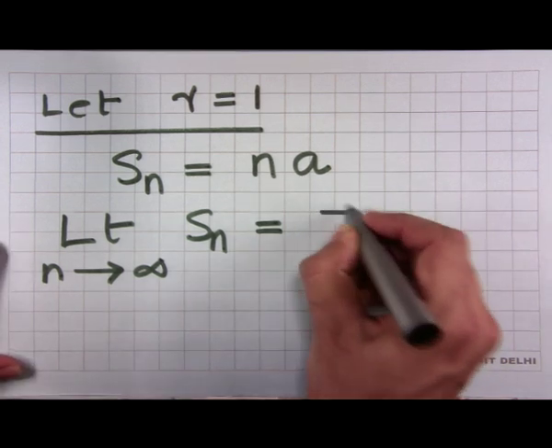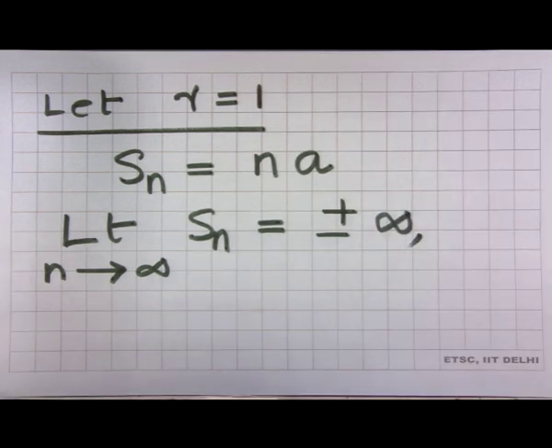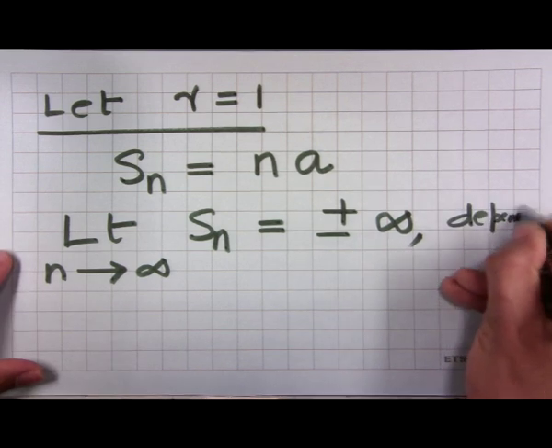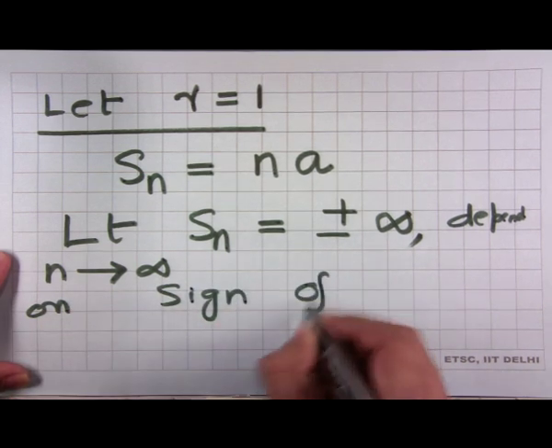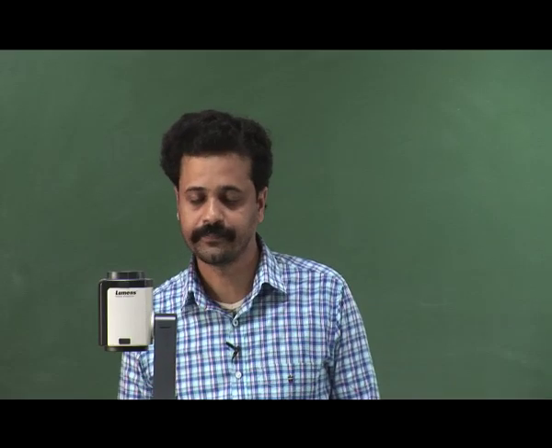Let me write, limit as n tends to infinity of S_n is equal to plus or minus infinity depending on the sign of a. This is the case r equal to 1.